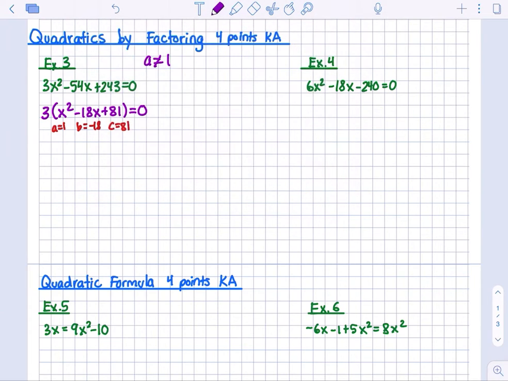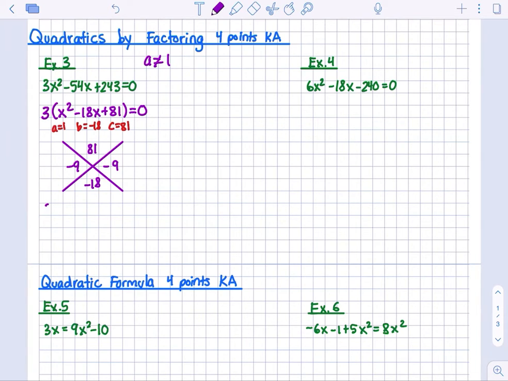a times c is 81. b on the bottom is negative 18. Two things that multiply to 81, but add to give you negative 18. That is negative 9 and negative 9. Negative 9 times negative 9 is 81. Negative 9 plus negative 9 is negative 18. And since a is equal to 1 in the parentheses, these are going to be our factors.